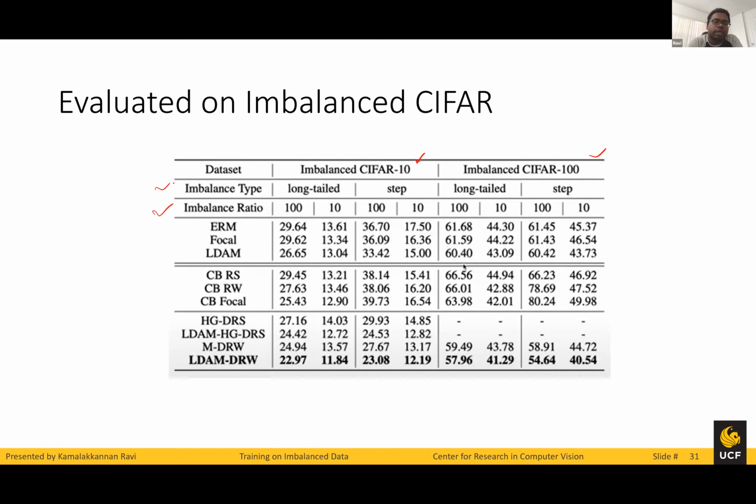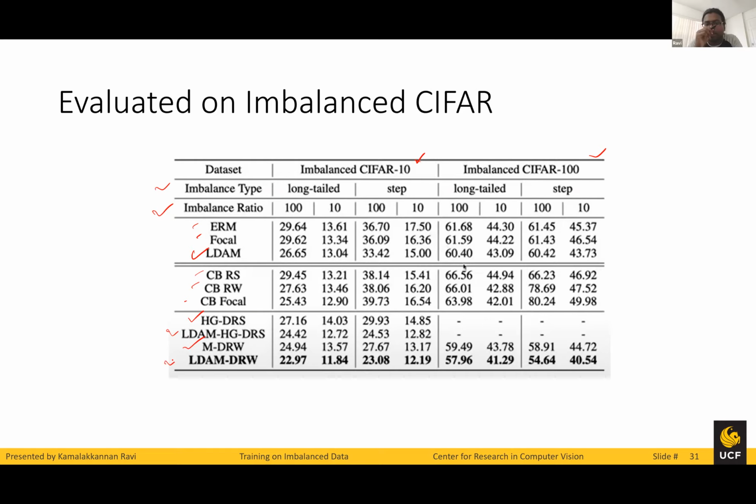We apply it on the existing methods like ERM, focal, and then class balanced reweighting, class balanced resampling, and class balanced focal loss, and also the new methods like LDAM, LDAM with hinge loss and deferred resampling, then LDAM with deferred reweighting.